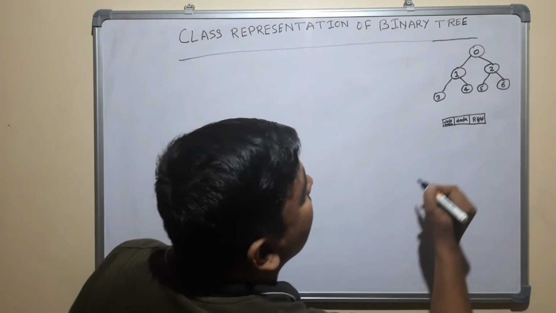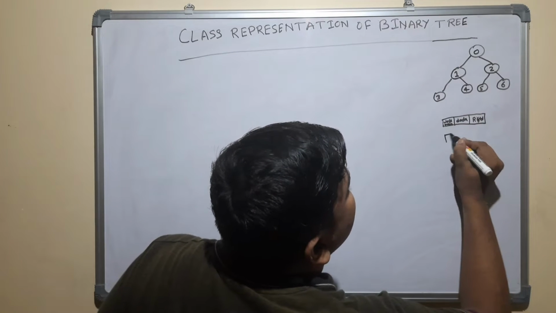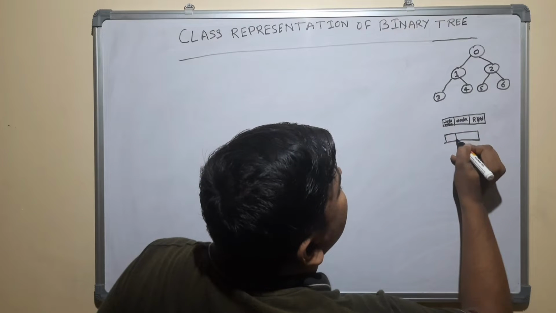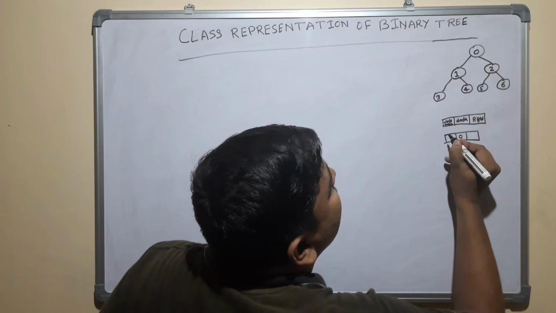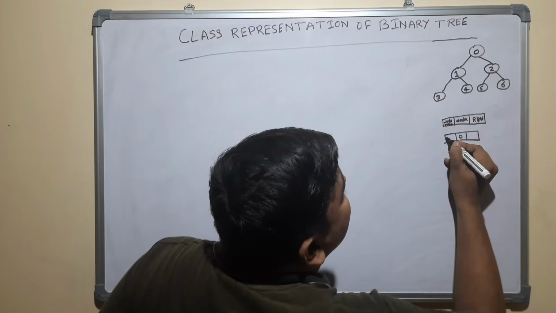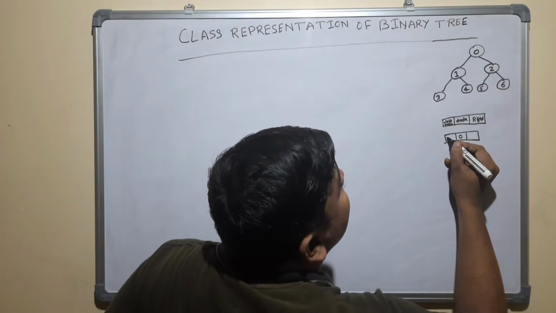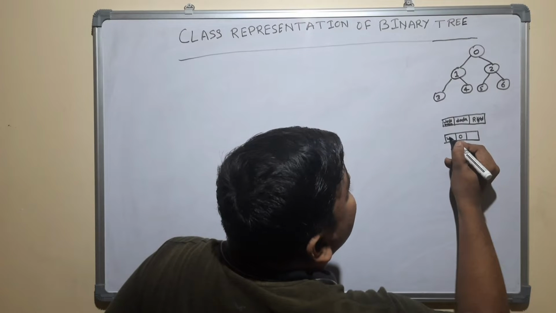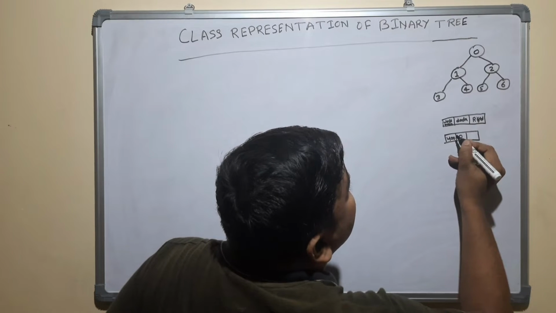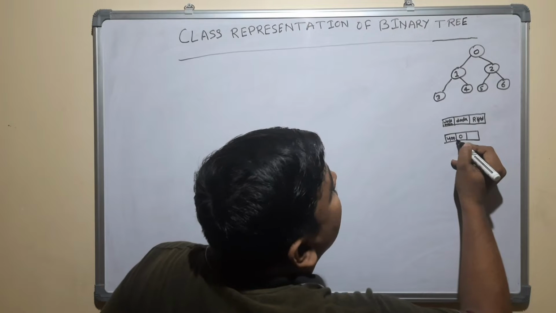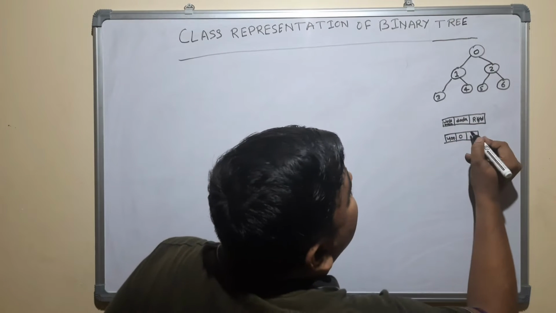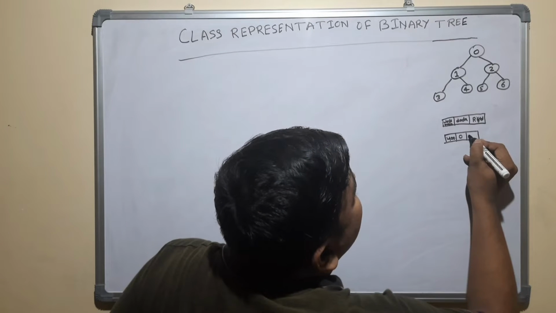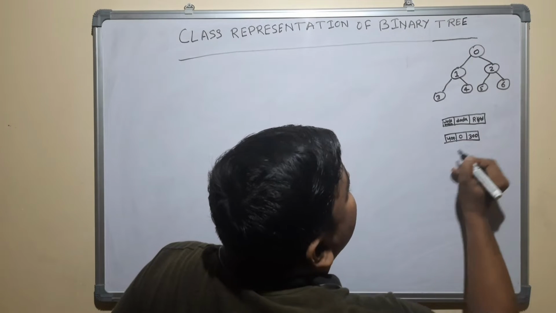So here data is 0, and the left pointer holds an address of memory. Suppose the left subtree is at address 400, and the right subtree is at address 300.